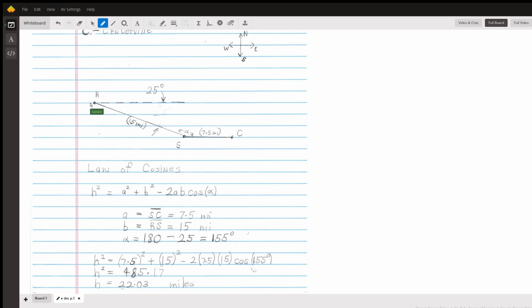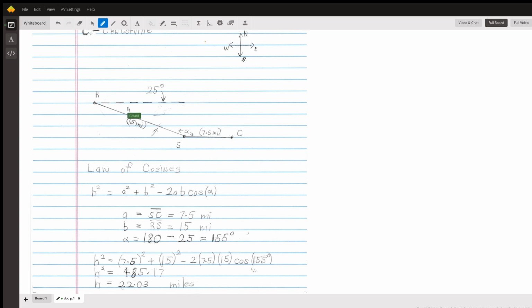Then the problem states that 15 miles southeast at an angle of 25 degrees below, which is 15 miles, is shown from point R to point S, S being Springfield. Then the problem states that the distance from Springfield to Centerville is an additional 7.5 miles east.